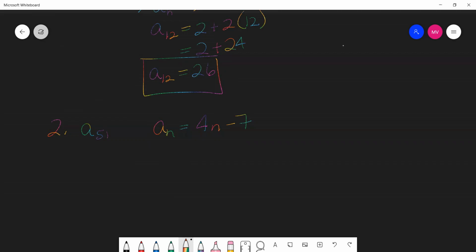So we're really just plugging in that 51 for the values of n. Position 51 is 4 times 51 minus 7. So we find that, let's see, 4 times 50 is 200, and 4 times 1 is 4, minus 7 means that the term at position 51 is 197.